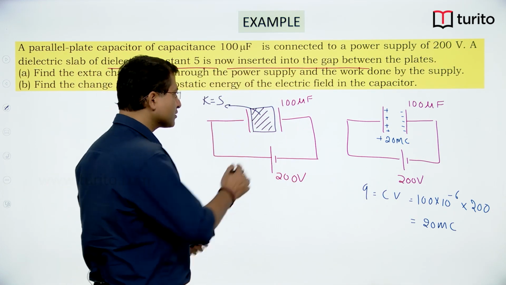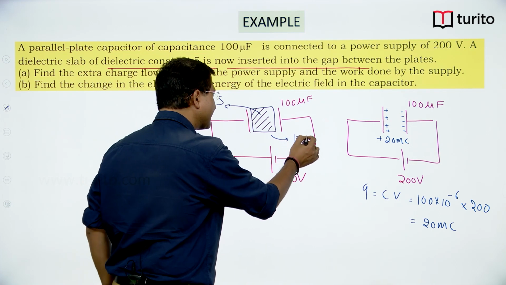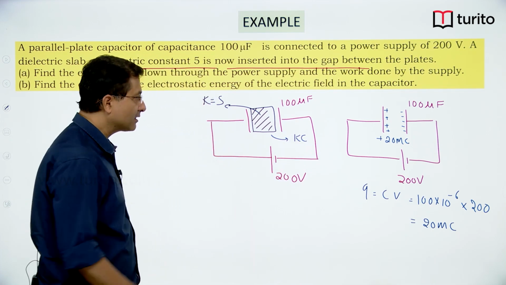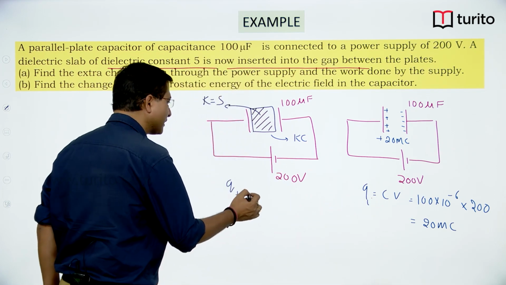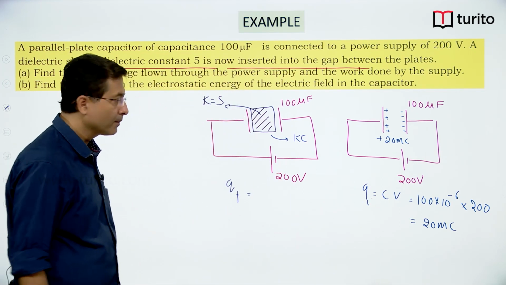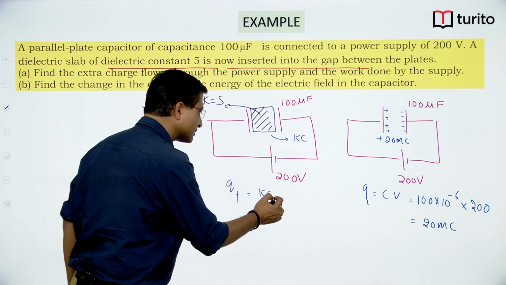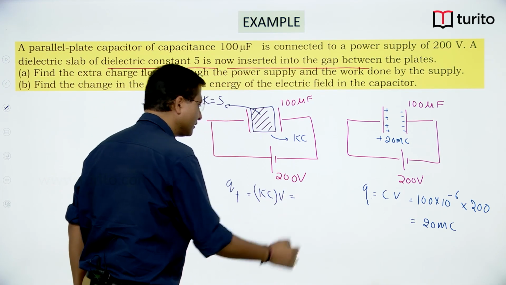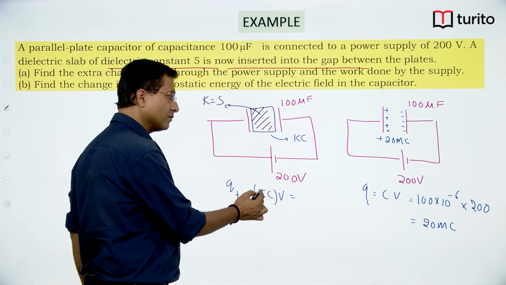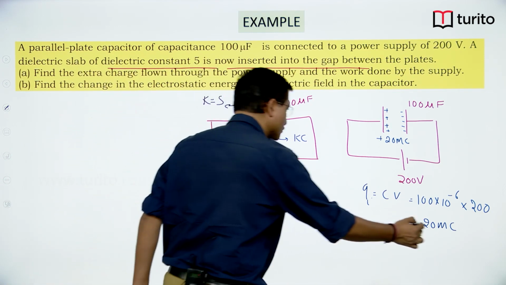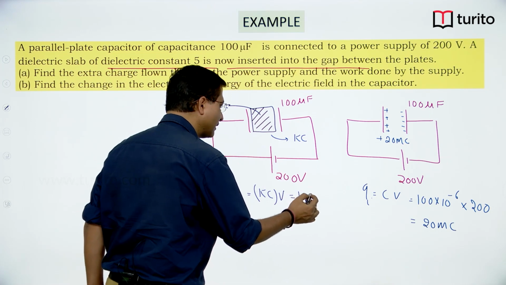So the capacitance of the arrangement will be K times C, and this is the initial charge. So the final charge will become how much? The new capacitance is KC multiplied by V, and multiplying by 5, I will directly get 100 millicoulomb.